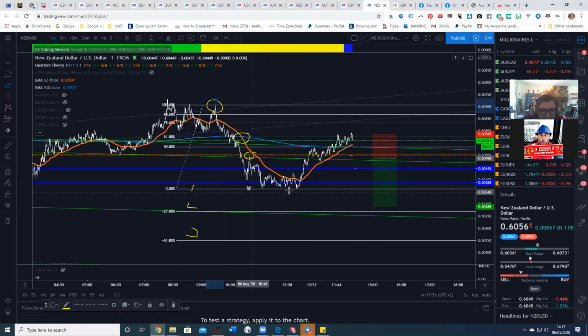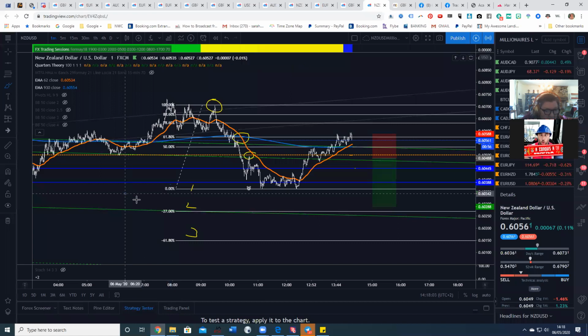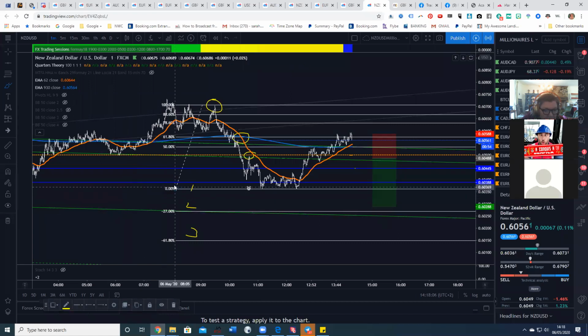So I moved this because I was looking at getting back in. So I had it here. Sorry, I won't move those numbers, but I had it back. Let me just see if I can get this back up there.